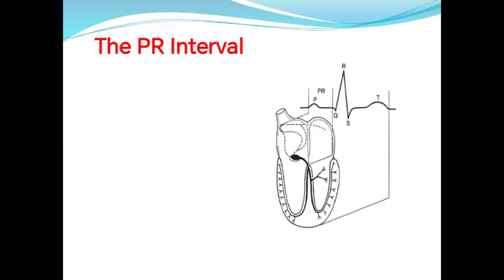Okay, let's talk about the PR interval and the P wave and the duration. Where does the PR interval come from? Here, see, this is the PR interval, from the beginning of the P wave up to the Q wave.